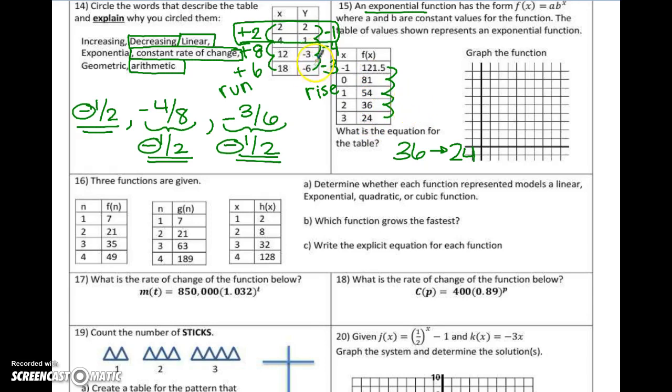Just like we would over here, we could do bottom minus the top. Here I can do bottom number divided by the top. So if I do 24 divided by 36, I get the decimal 0.6 repeating, which if you change it to a fraction is 2/3. So here we know it's multiplying everything by 2/3.